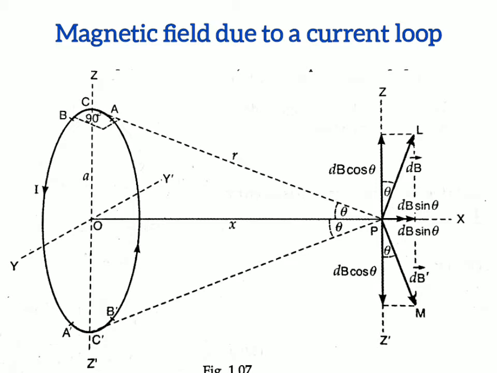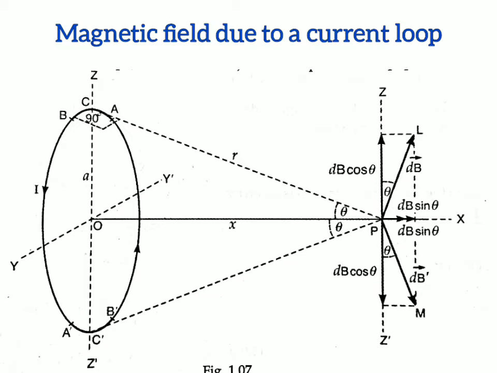The plane of the loop, that is the YZ plane, is perpendicular to the plane of the paper, while the axis of the loop, that is OX or x-axis, lies in the plane of the paper. Now let P be the point on the axis of the loop at a distance OP equal to x from its center, where the magnetic field due to the circular loop has to be determined.